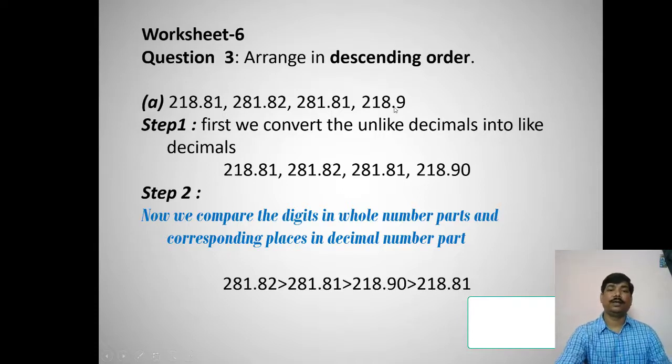So you have to make the number of digits 2 in the decimal part. These are the numbers having 2 digits in the decimal part. Now they are like decimals. Now compare the digits in the whole number part and the corresponding place in the decimal part. You will get the order.